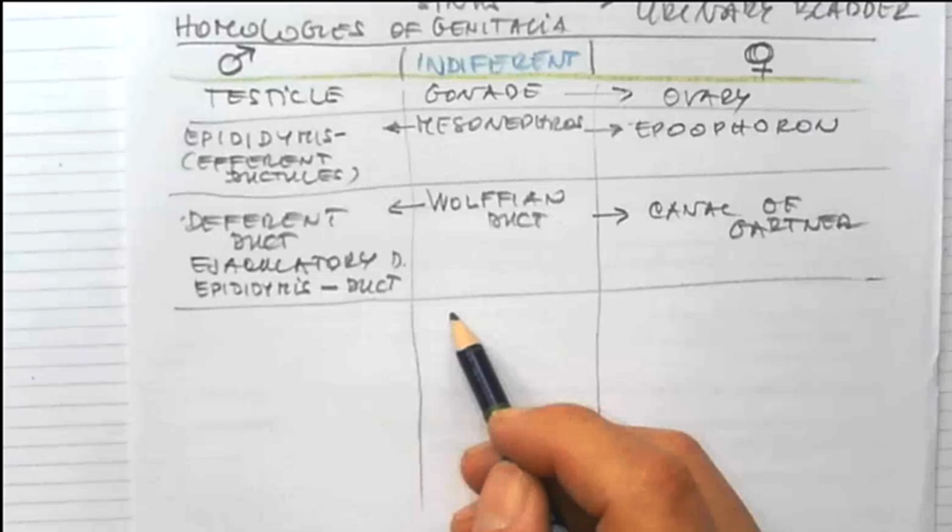And also there is another elevation. This is the genital torus. Genital torus means elevation, and it gives rise to the labia majora.